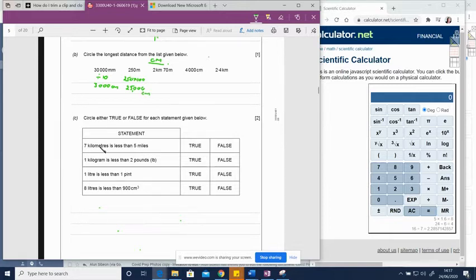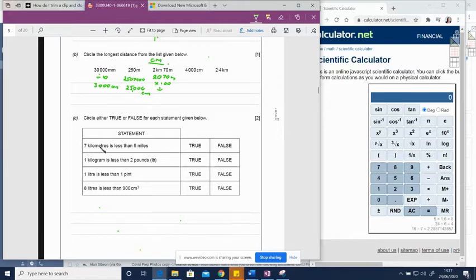2 kilometres and 70 metres. I know that there are 1,000 metres in a kilometre. So 2 kilometres is 2,000 metres and 70 metres. Multiply that by 100 to get it to centimetres.